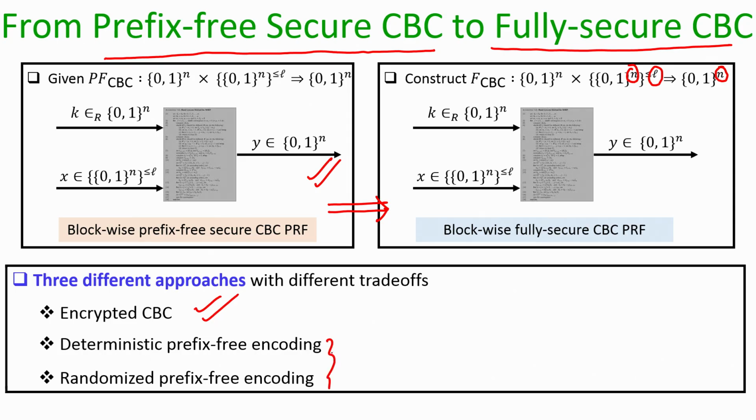The last two methods encode the input of your block-wise prefix-free secure PRF in such a way that the resultant encoded inputs constitute a prefix-free set, whereas the encrypted CBC uses two keys, where using the first key we operate the prefix-free PRF, and then the output is again encrypted using the second key, which ensures that the adversary is confused.